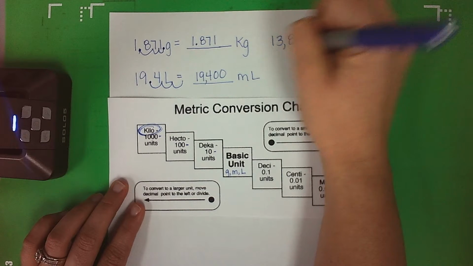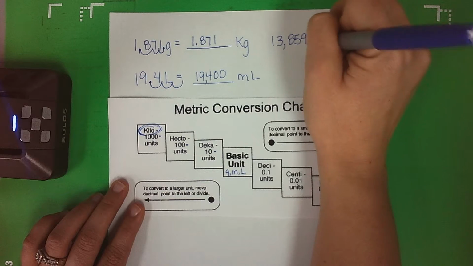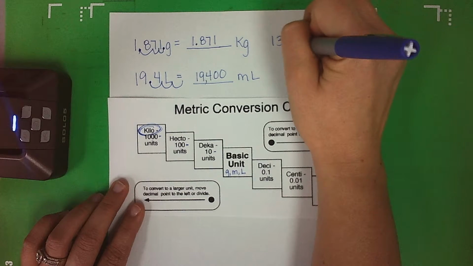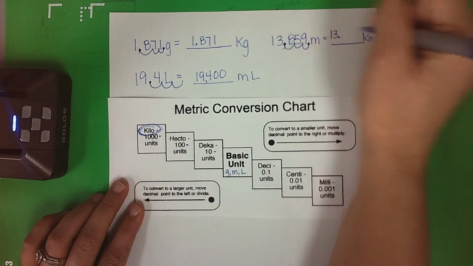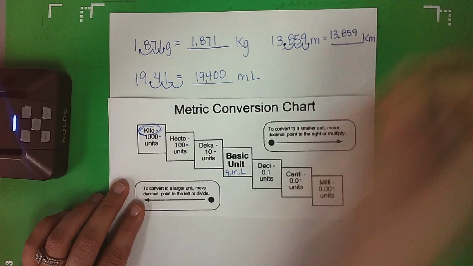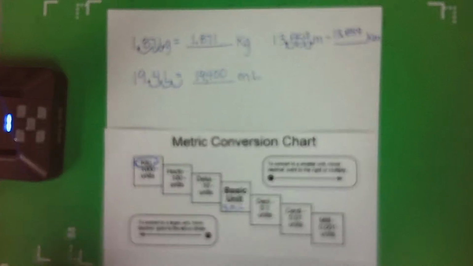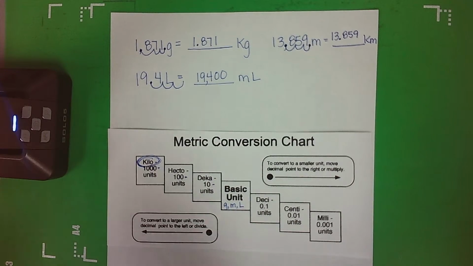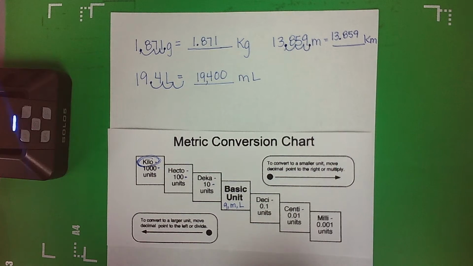Okay, so here I don't have a decimal, so it goes behind the whole number. 1, 2, 3. So my answer is 13 with a decimal, not a comma, 859 kilometers. On your paper, you want to make sure that you are very dramatic with your commas or your decimals. Okay, that is going to make a big difference in the number.